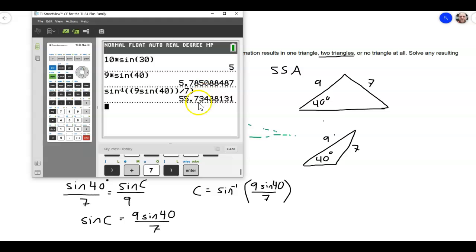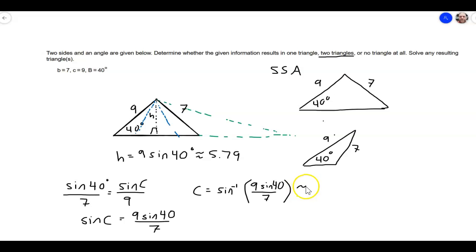Okay, so that's going to give me about 55.7. So this is about equal to 55.7. And we're going to call that C1. And we're also going to have C2, and that's going to be 180 degrees minus that 55.7, and that'll be our second triangle here.